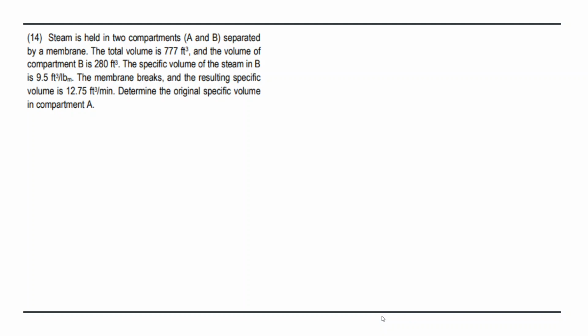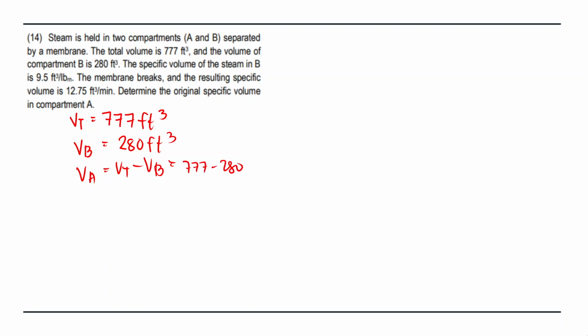Okay. So, given, we have VT, total volume, 777 feet cube. The volume of B is 280 feet cube. So, that means our VA is VT minus VB, which is equivalent to 777 minus 280, that is 497 feet cube.